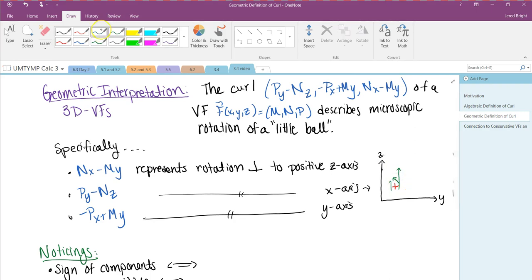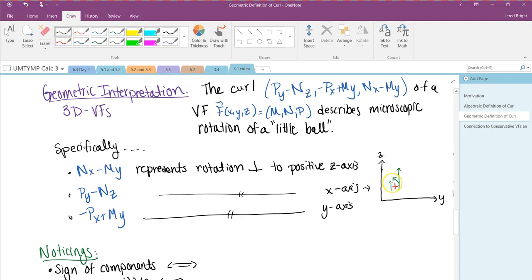And then similarly, if we look at N_z and say N_z is negative, as I go up in z, let me do this in something a little bit darker. Let's try black.